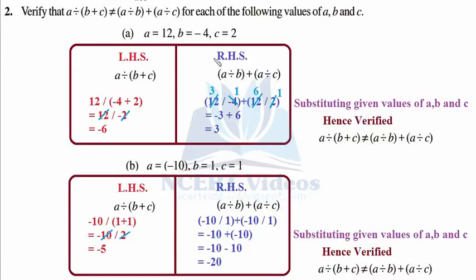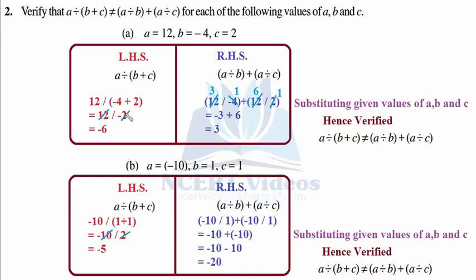So putting the values here, first taking this thing, A is 12, therefore writing 12 divided by, solving this bracket, that is B plus C, B is minus 4, C is 2, so the same is written here, 12 as it is divided by minus 4 plus 2 is minus 2.